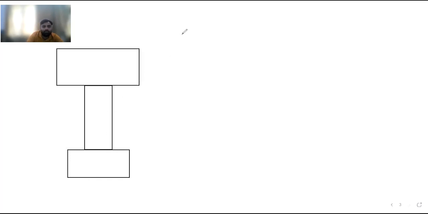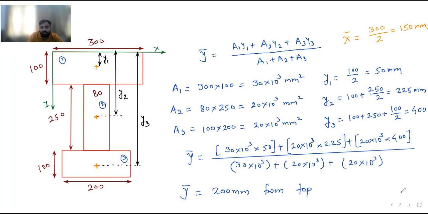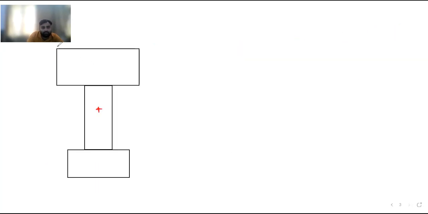Now we have got the value of the centroid. It is somewhere here. What are its ordinates? X bar is 150 and y bar is 200. From this left-hand corner, if you travel a distance of 150, at that point your y-axis of the total figure will be there. And from there, if you move down 200, there will be the x-axis of this total figure.